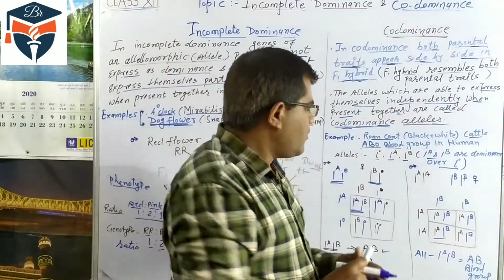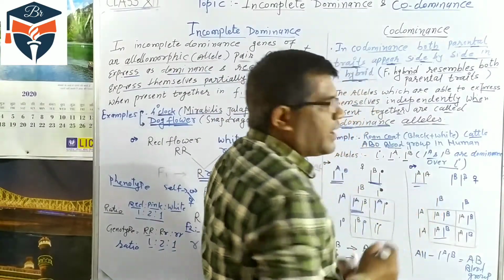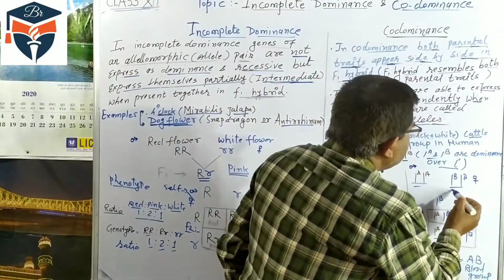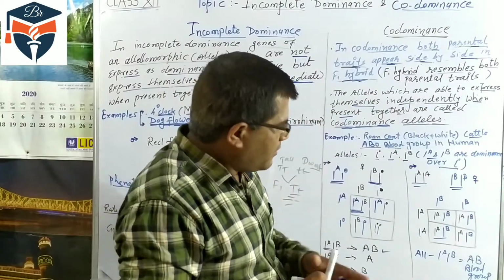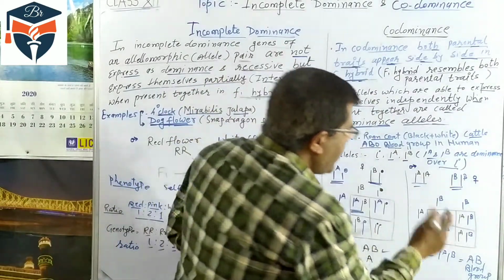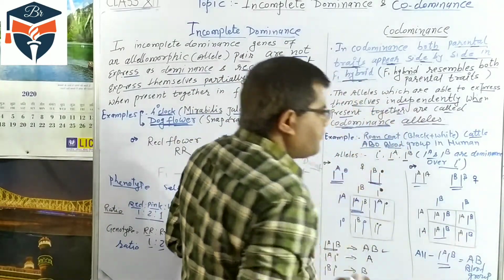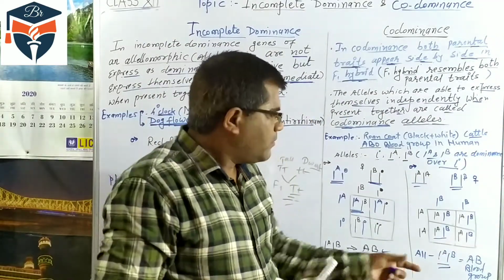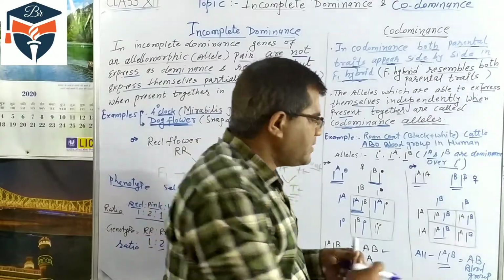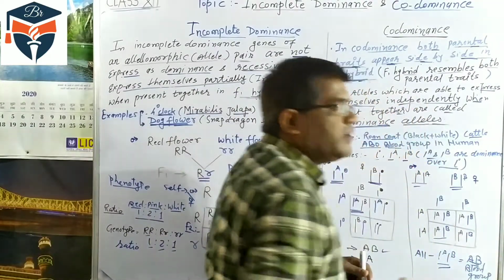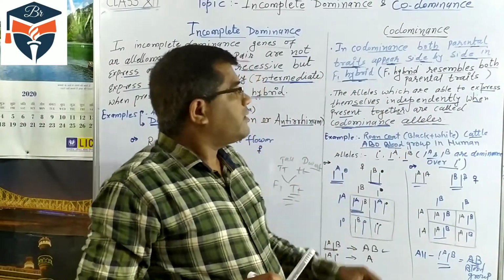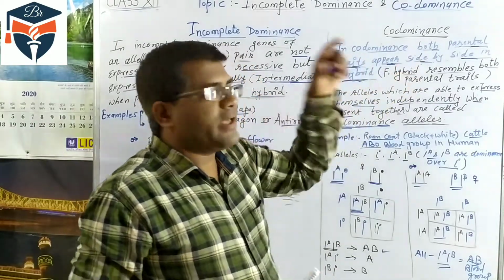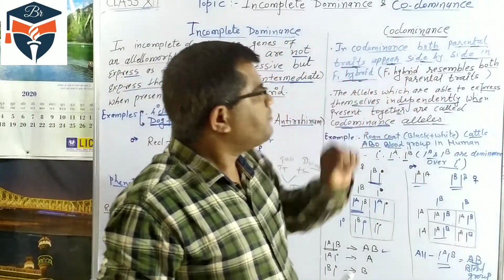Another case: I have a homozygous IA parent and a homozygous IB parent. When these two parents are crossed, what happens? All the progeny have both alleles IA and IB. It means both the dominant alleles are expressed and the blood group is AB. So here both alleles of the parents express in the progeny.